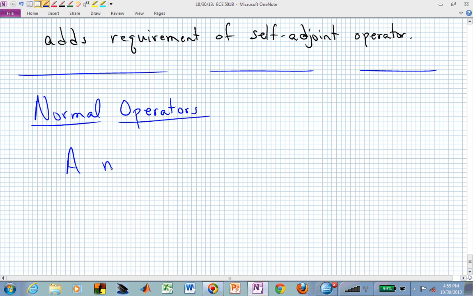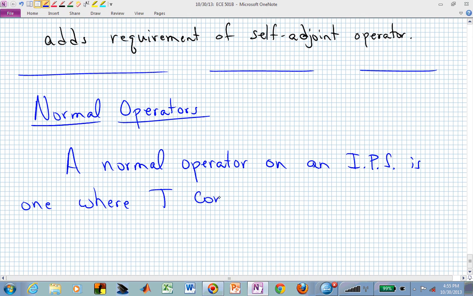A normal operator on an inner product space, I'm not restricting to be complex or real, is one where T commutes with its adjoint.